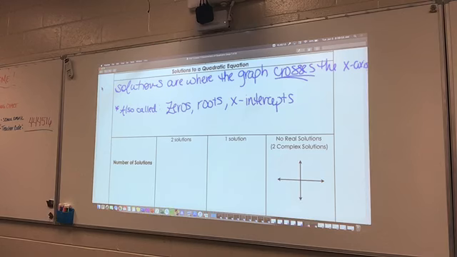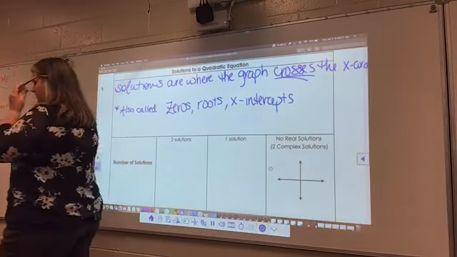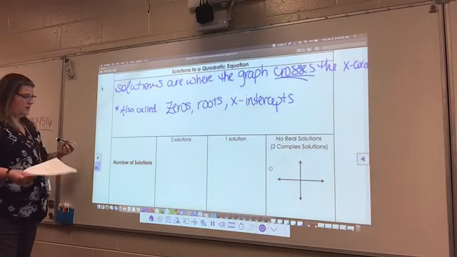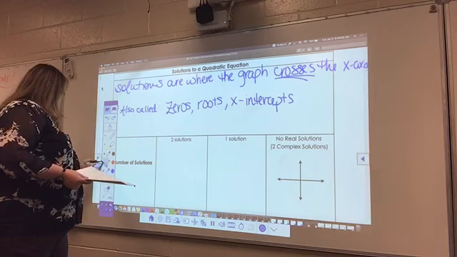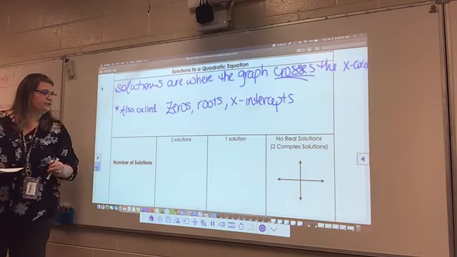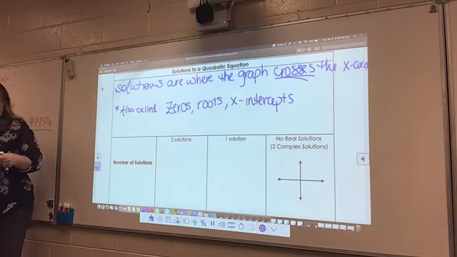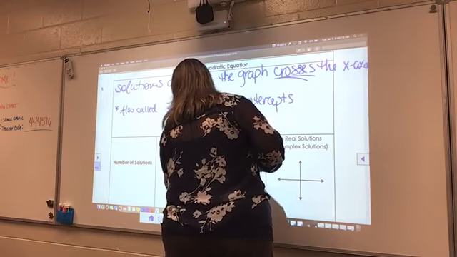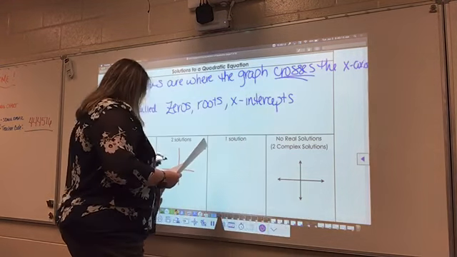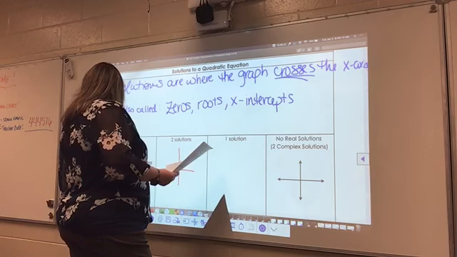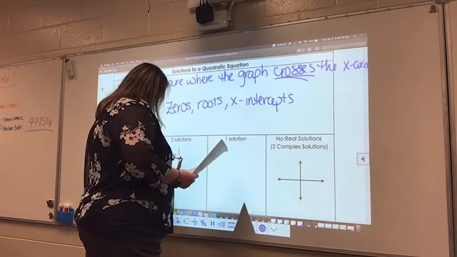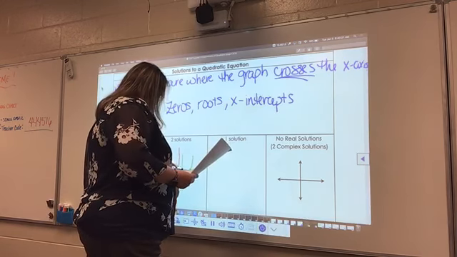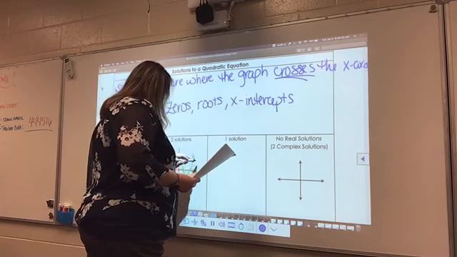I think on a graph, visually, that would be easy to find, right? But of course, we're going to have to do that algebraically. All right, here we go. With a quadratic, you're going to have different numbers of solutions. For the one with 2 solutions, it's like the example that we had up there.